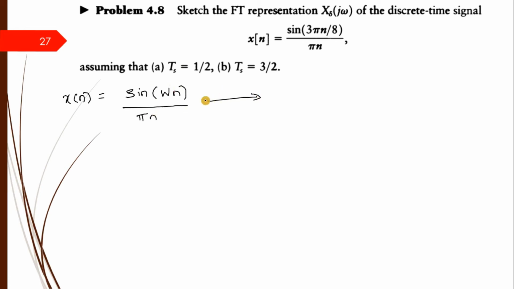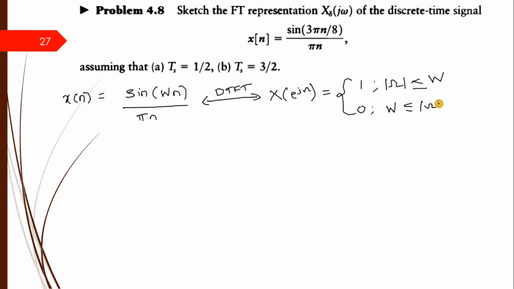You can refer to that. If I take its DTFT pair, it will result in a rectangular pulse. The rectangular pulse can be written as 1 for omega less than or equal to W, and 0 in the range W till pi. So this is a given signal.